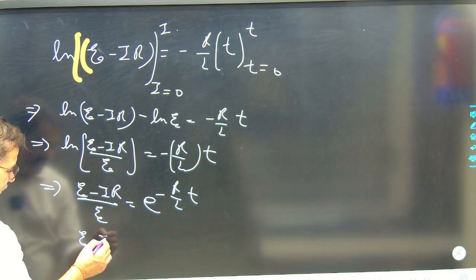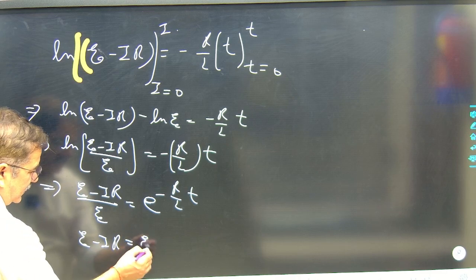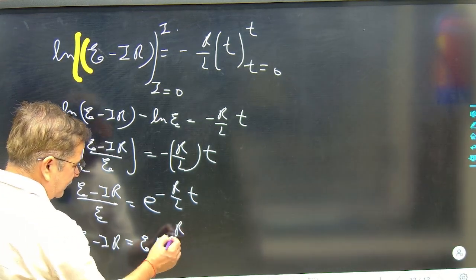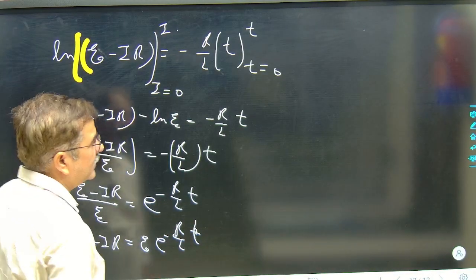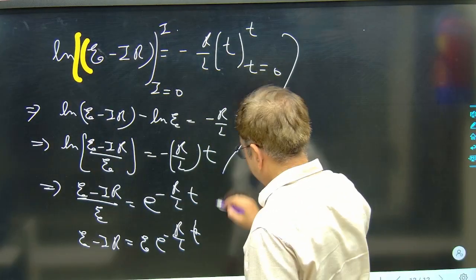E minus IR is equal to E into e to the power minus R by L into T. Till now, this is what I have derived.